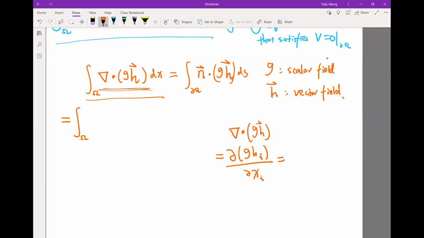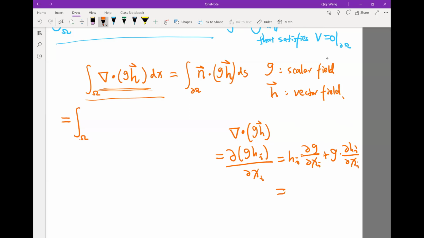Okay, so that can be expanded into 2 terms. One term is hi times partial g partial xi, right? Xi, x1, x2, x3 is actually x, y, z in 3 dimensions, plus g times partial hi partial xi.